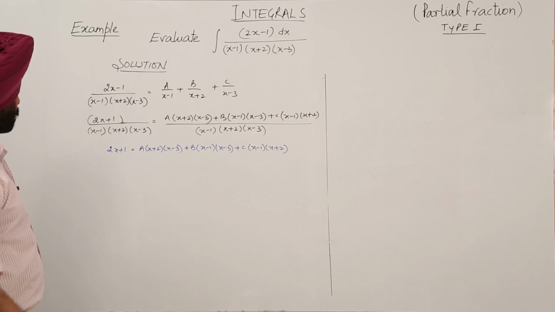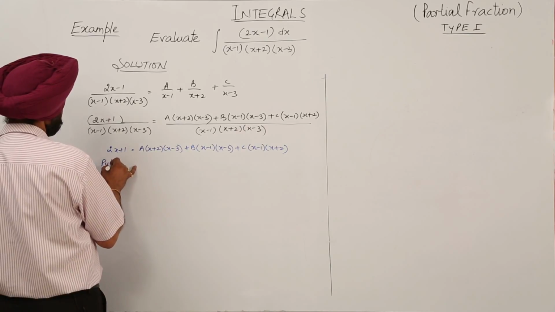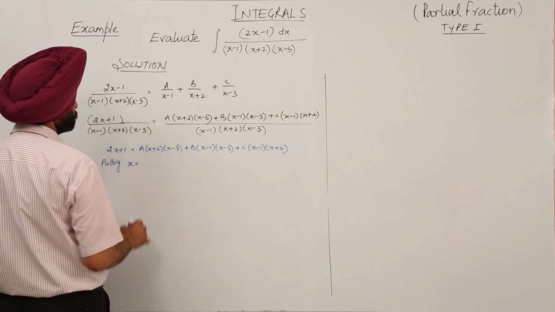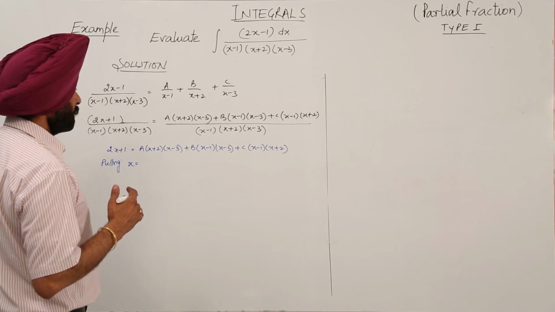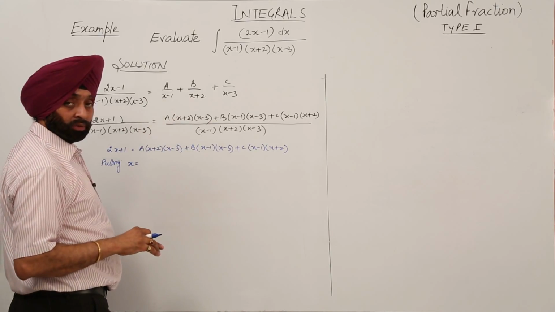Is it clear? Now let's start with putting x is equal to 1, because x minus 1 is 0.